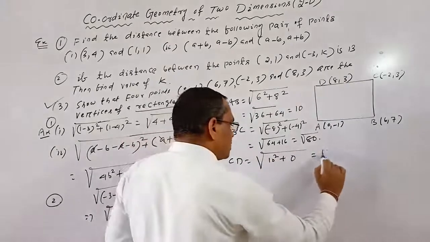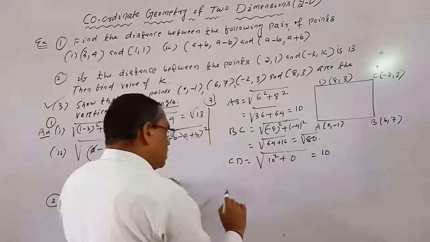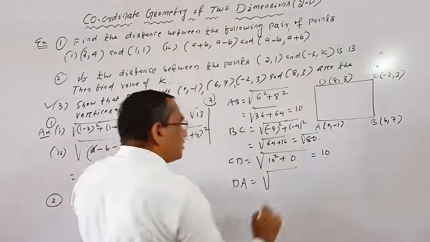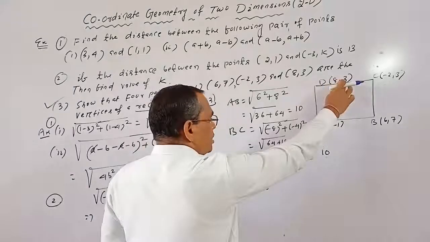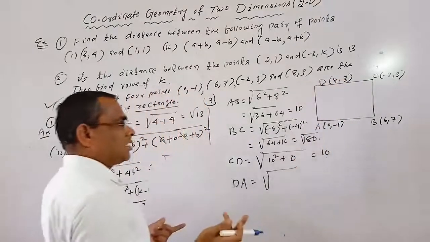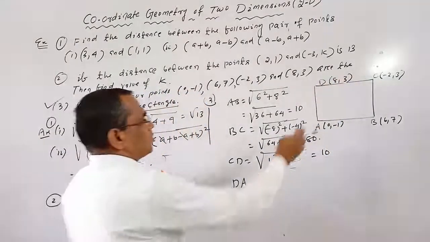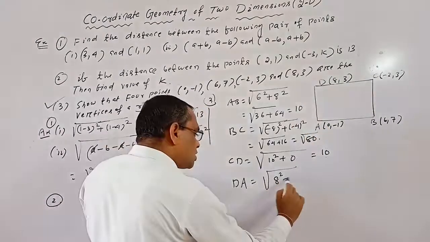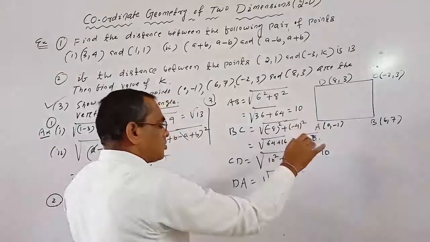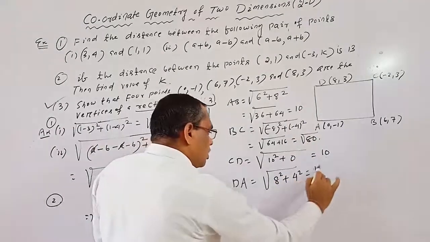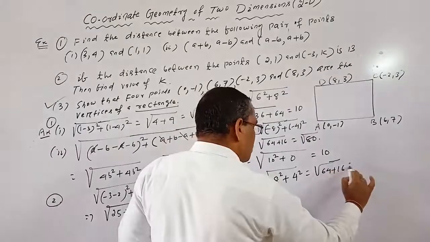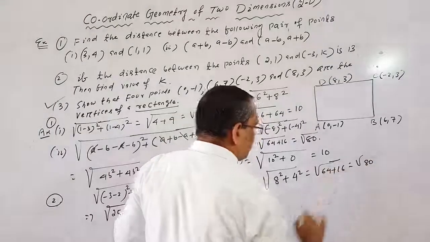So 100, root is 10. That is CD. Then DA. DA means x2 minus x1 square, 8 minus 0 square, that is 8 square, plus 3 minus 1, 4 square. So 8 square is 64 plus 16, equal to root 80.